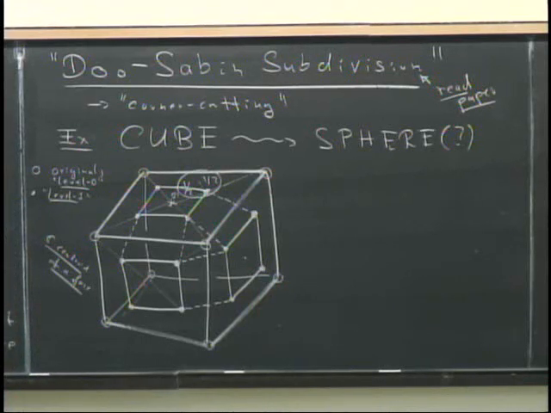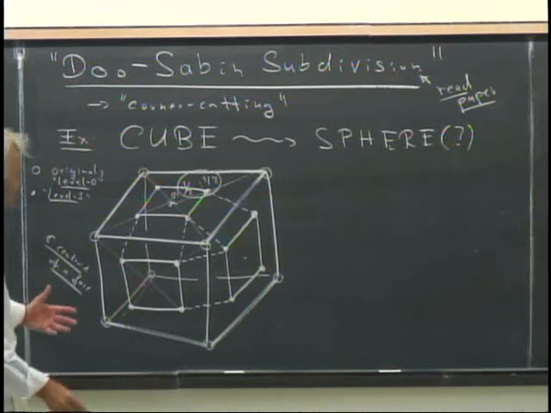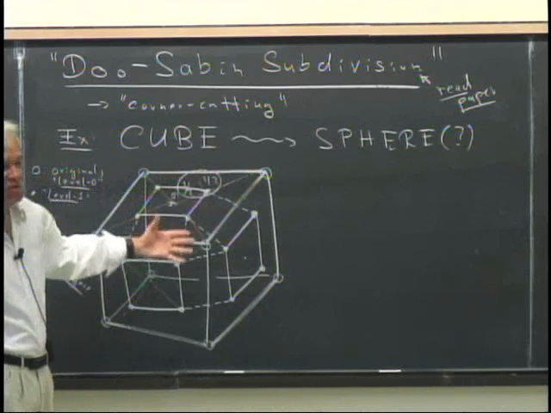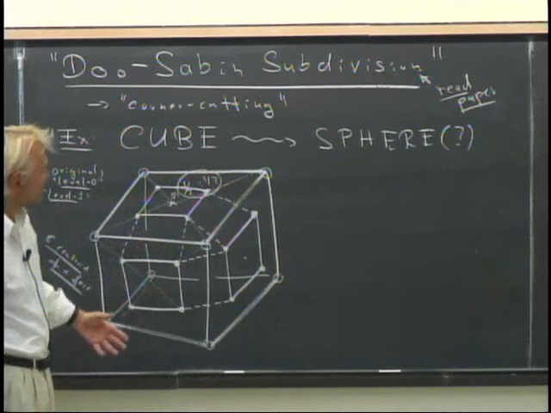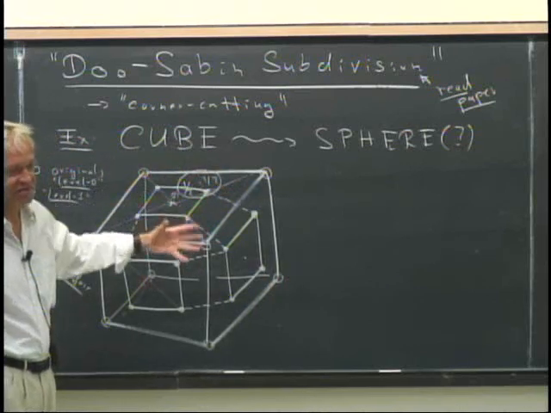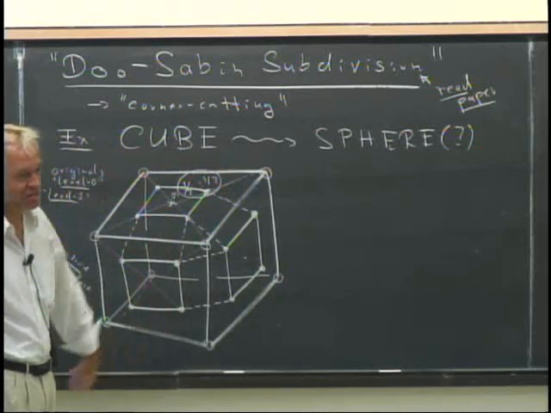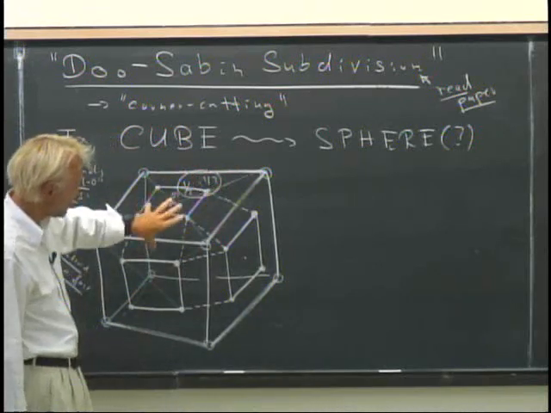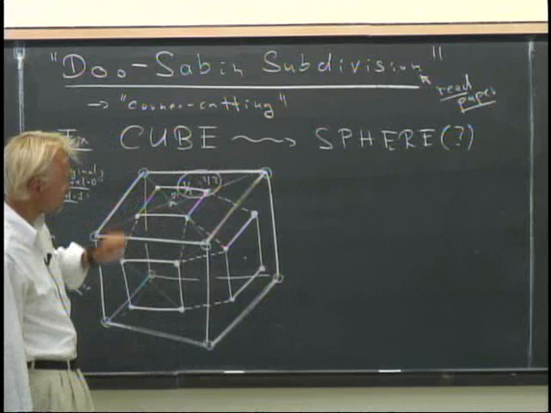So there's the other issue of a subdivision mask. The subdivision mask tells you how to take a particular polygon and how to replace it by a new one, okay? And there's different ways to do that by doing certain combinations of the surrounding vertices that define that face, okay? So Do-Sabin is a very specific one. So this ratio 1/2, 1/2 defines this mask, how to take an original polygon, replace it by something new.